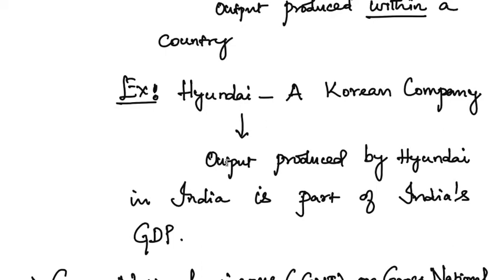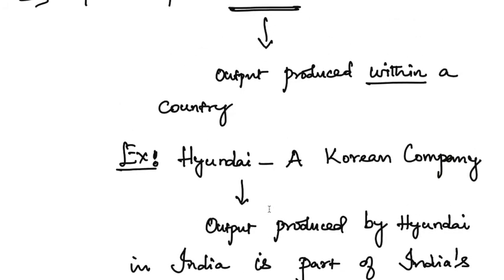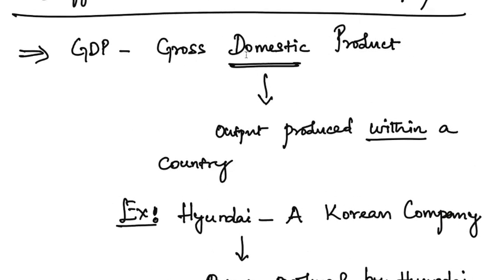It manufactures cars, and it is also exporting to other countries apart from selling the cars in India. So all the output produced by Hyundai in India is part of India's GDP because it is located within the boundary of India. So "domestic" in GDP means output produced within a country.